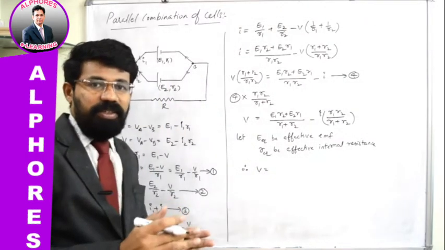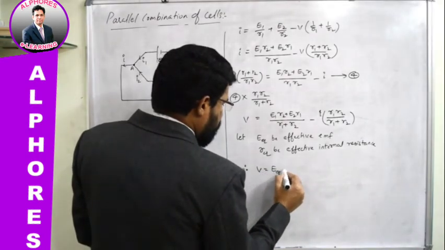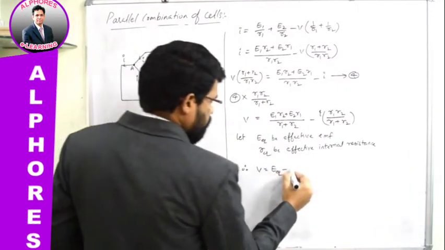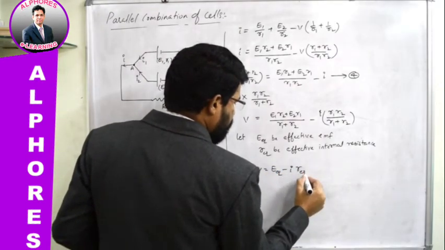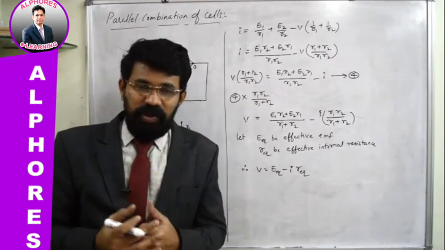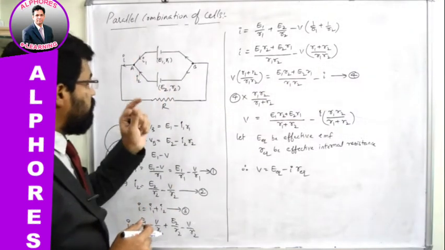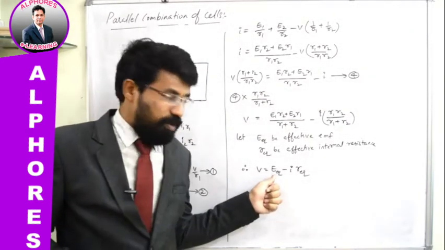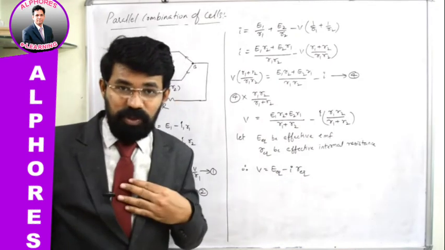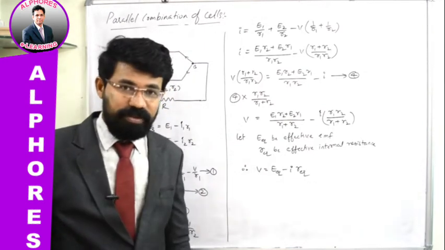EMF minus I into internal resistance. What EMF am I going to take now? E equivalent minus I into R equivalent, where I is the total current in the circuit. If the total equivalent EMF and total equivalent internal resistance are known to us, I can replace this entire combination with one single cell whose EMF is E equivalent and whose internal resistance is R equivalent. If I am supposed to write the terminal potential difference across that cell, this is how I will be writing it, isn't it?